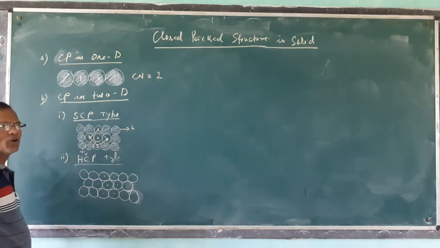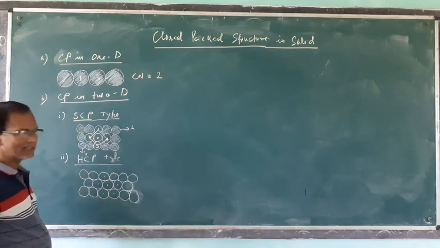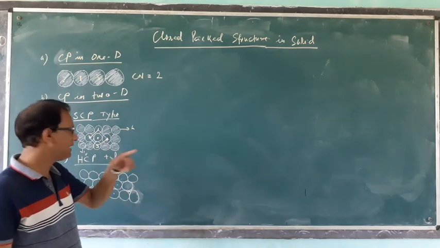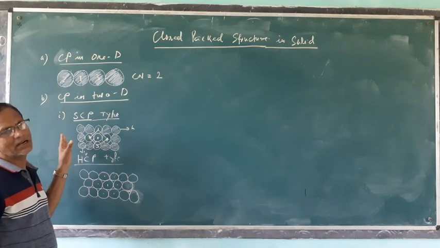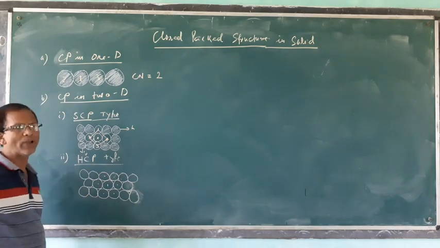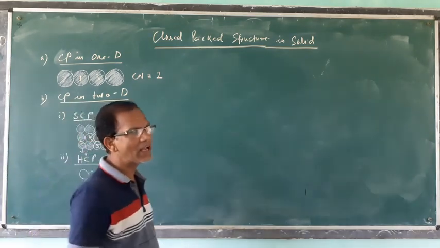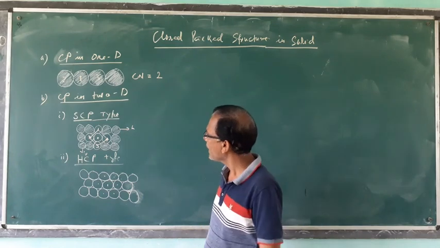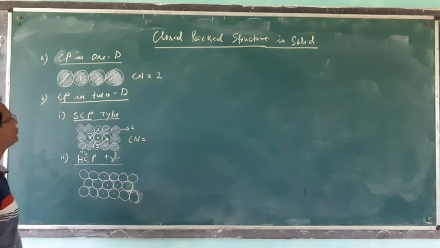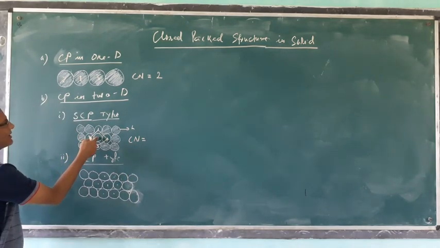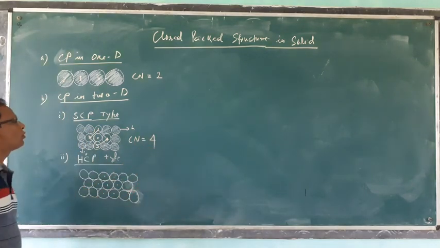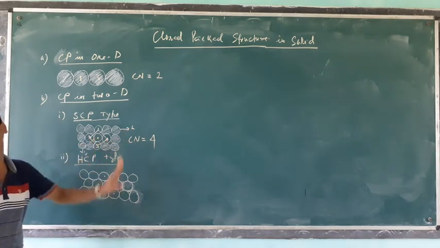That's why it is called square close packing, because it produces a square shape. Any sphere you take, the neighboring spheres directly attached form a square. The coordination number of the middle sphere is 4.